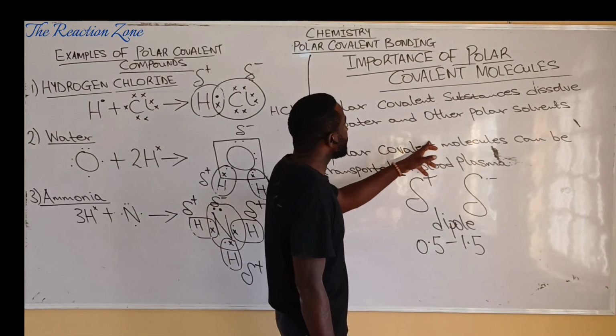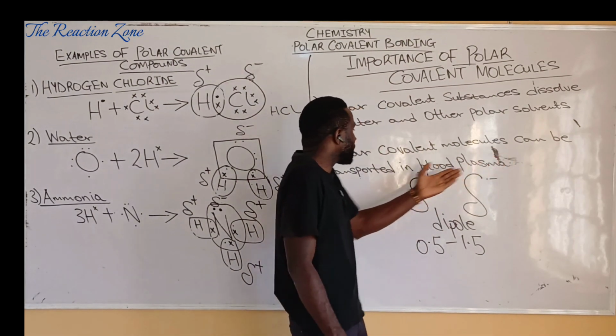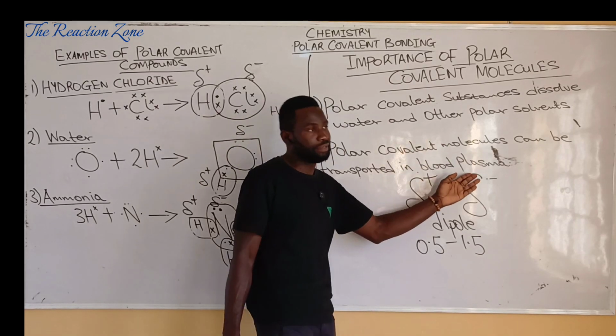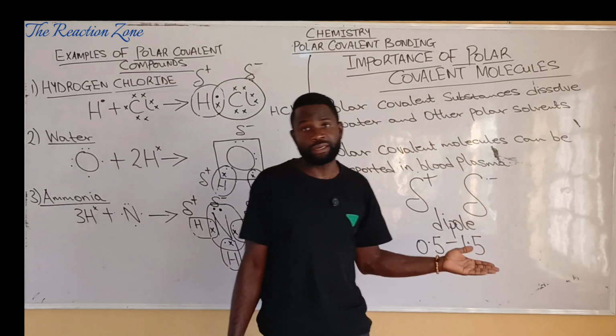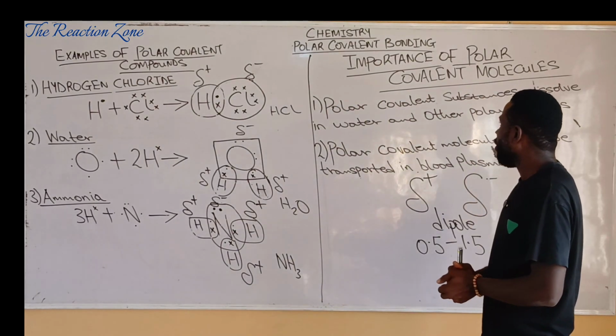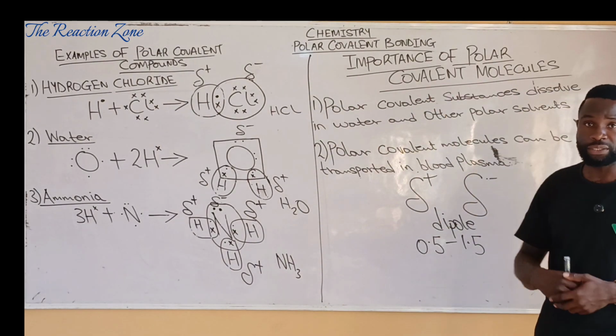So, polar covalent molecules like glucose can be transported in blood plasma because blood plasma is largely made up of water. I want to believe that this explanation of the concept of polar covalent bonding is clear.